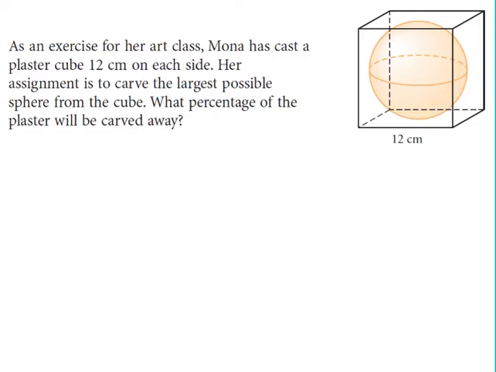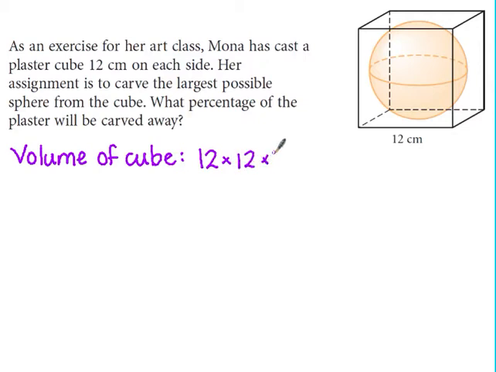So let's first of all find the volume of the cube. The volume of the cube can be found by taking 12 times 12 times 12, which is 1728.